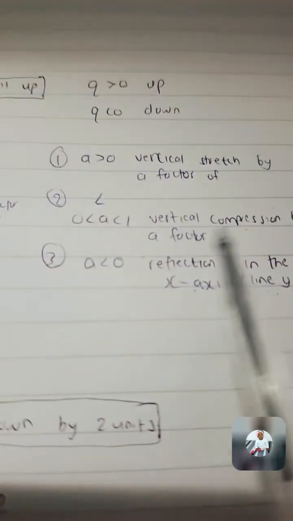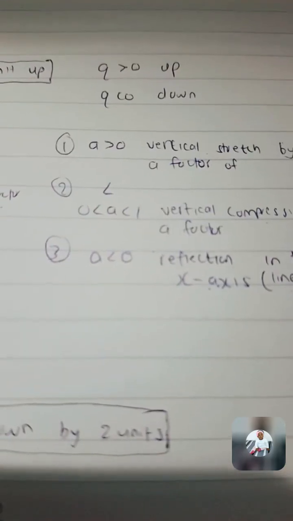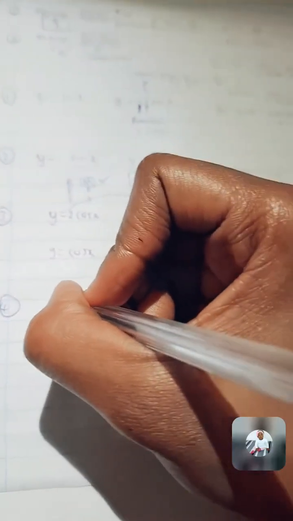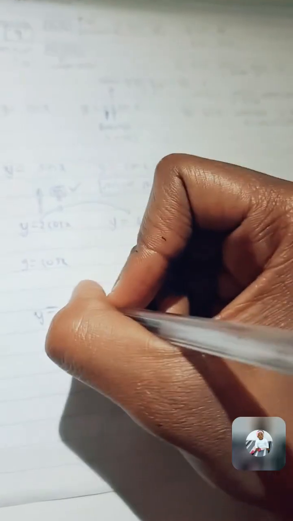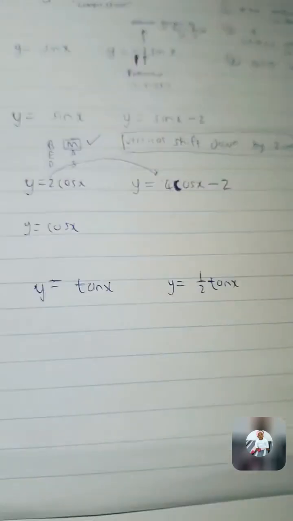I just want to check this out because someone in the comment section, Lunga Lubelo, was saying the last one. What about this one? The vertical compression by a factor. We did not showcase a question like that. So let's say we had y is equal to tan x as opposed to y is equal to half tan x.